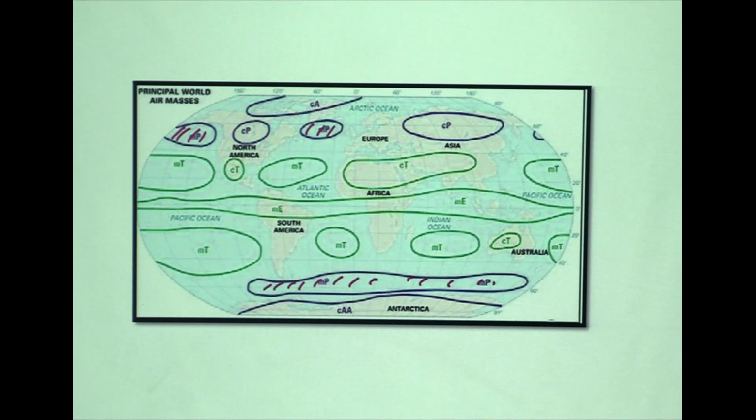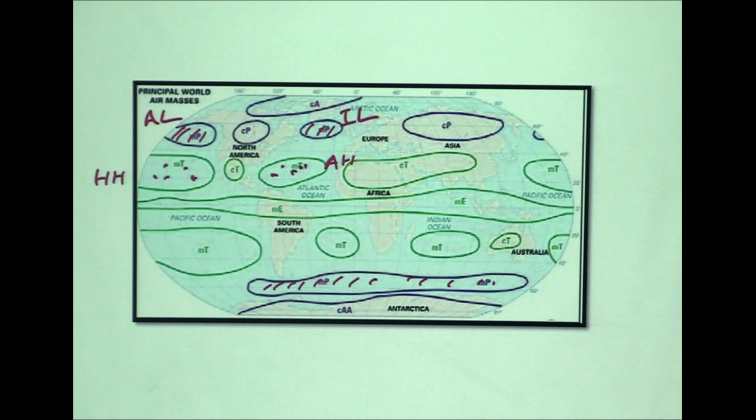Remind yourself, this maritime polar that I have shaded stands synonym to Icelandic low. This is Aleutian low. This maritime tropical, shading it with dots, relates to Hawaiian high and Azores high.